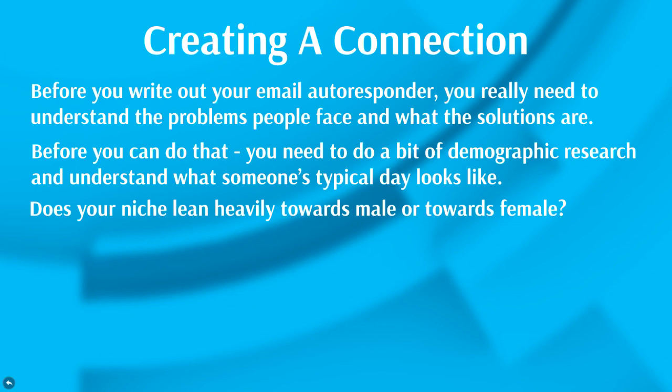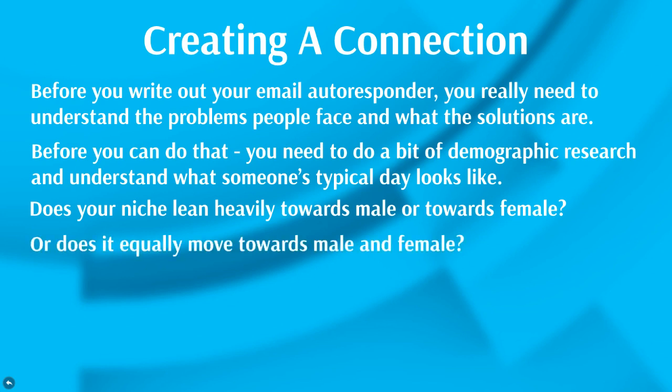So my question to you is, does your prospect within your niche lean heavily towards male or towards female? Or does it equally move towards both? For it to lean just towards female, let's say, for example, that niche is 90% female, or even 95%, or even 75%.